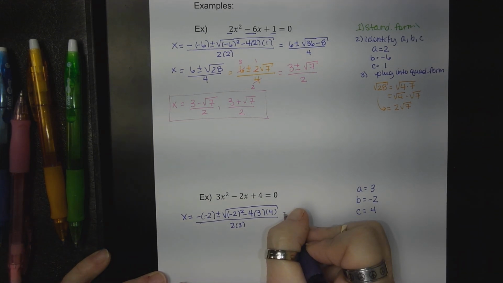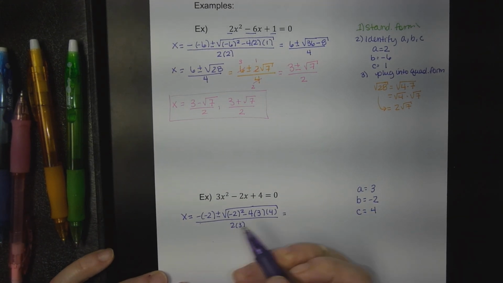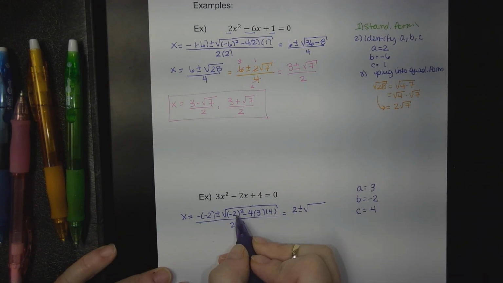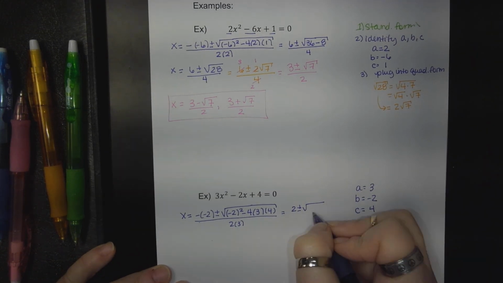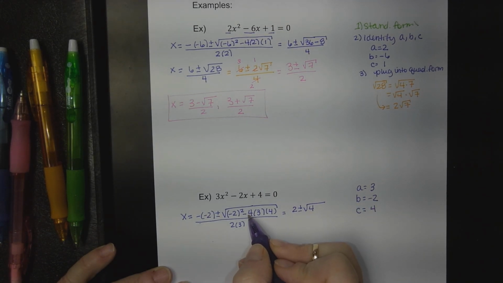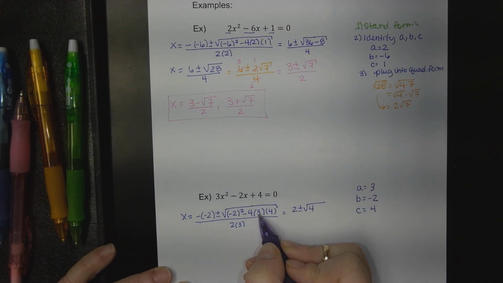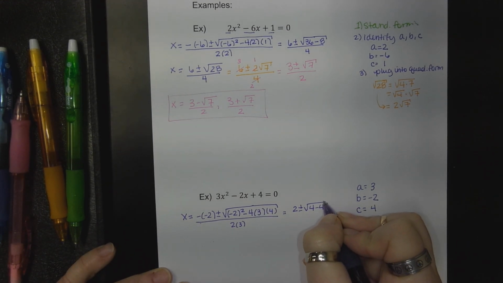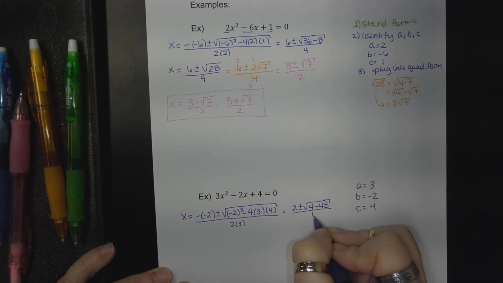Now, I'm going to go ahead and simplify this one, which is going to be a positive 2 plus or minus the square root. Negative 2 squared gives us a 4. Negative 4 times 3 gives us 12, times 4, that gives us a negative 48. And all this is over 6.